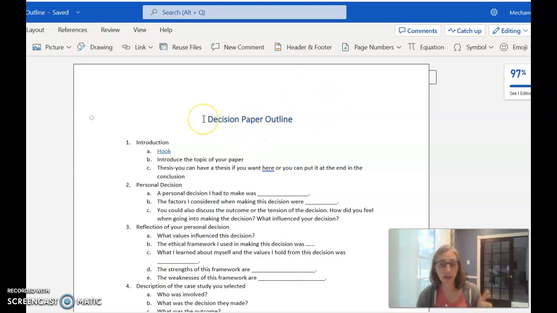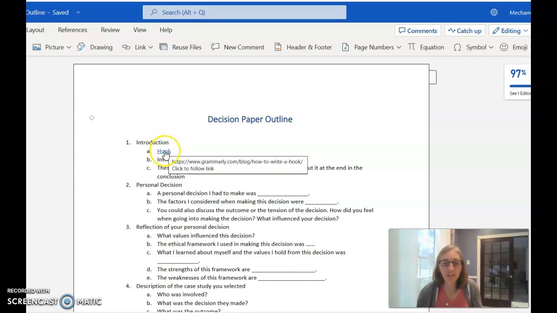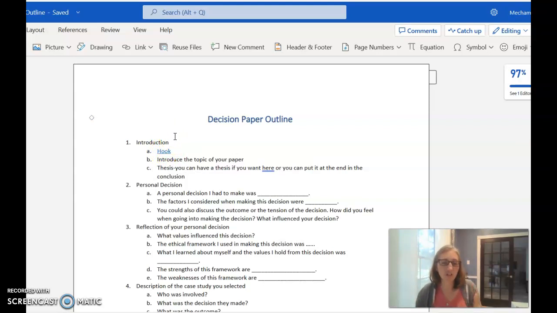Your first snapshot here is the introduction. Here's where you introduce the paper. This is about decisions. This could be just like a story, a question, a thought you have. I have a link in here that will take you to some other ideas of introductions you could include. The whole idea for the introduction is to set up the paper, engage your reader, and get them thinking about decisions.